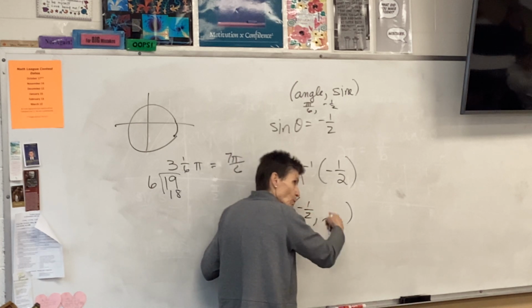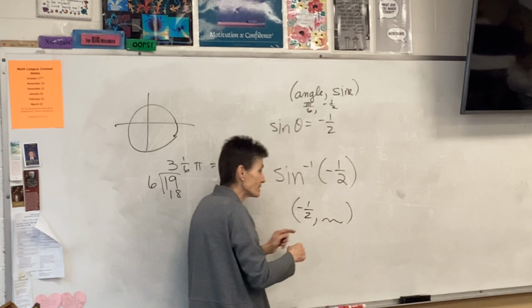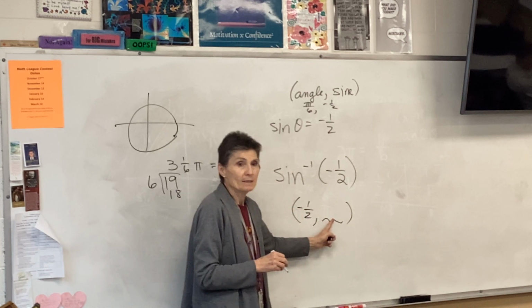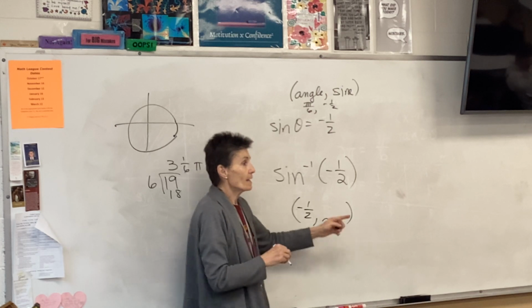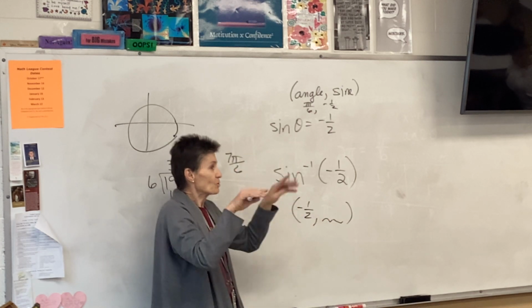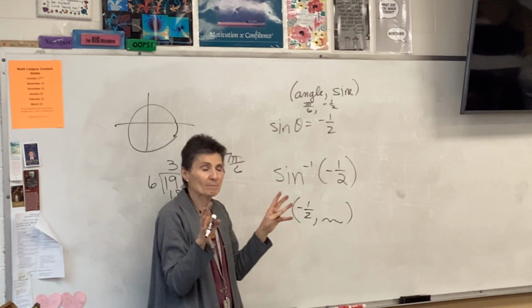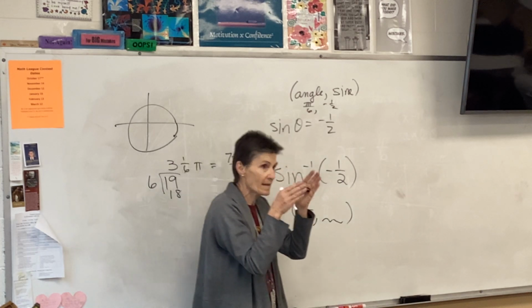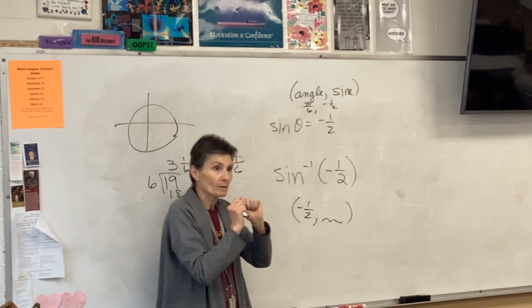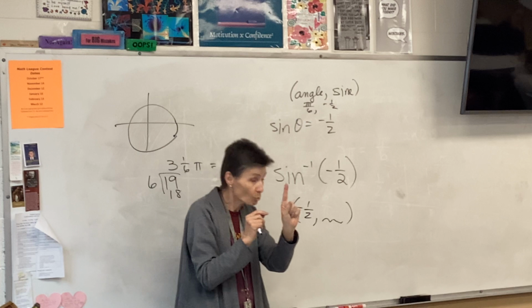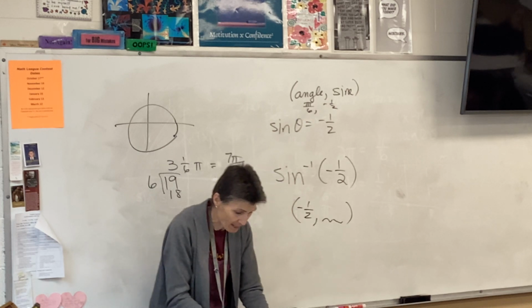What's the problem with this? The problem is, how many possible angles could you come up with? Infinitely many. And that's too indefinite for a mathematician. A mathematician wants an answer. Okay? So we're going to figure out how we're going to consider just one answer instead of infinitely many.